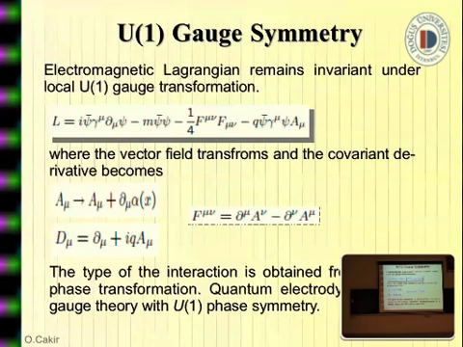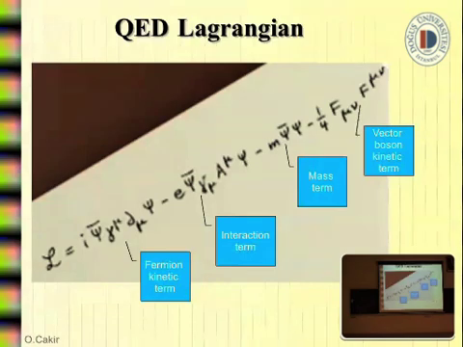For the U(1) gauge symmetry, we will have the electromagnetic Lagrangian for QED. For example, this first term is the fermion kinetic term. This one is the interaction term, this one is the mass term, and this one is the vector boson kinetic term.